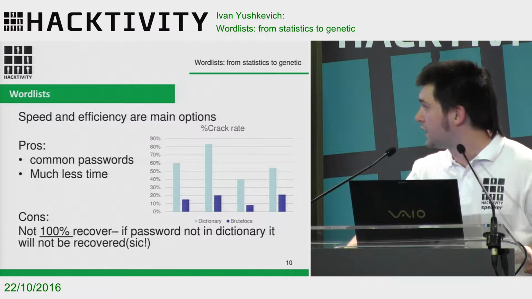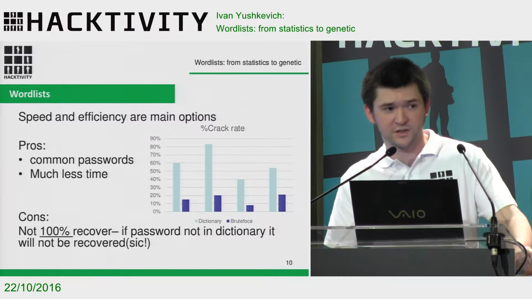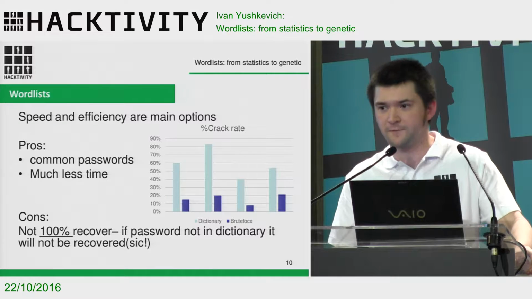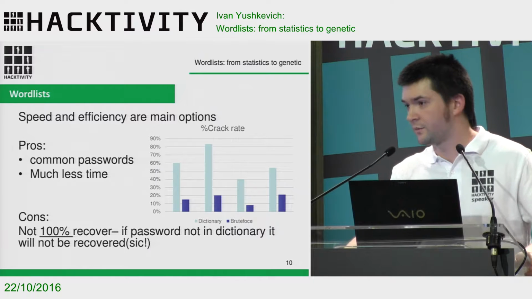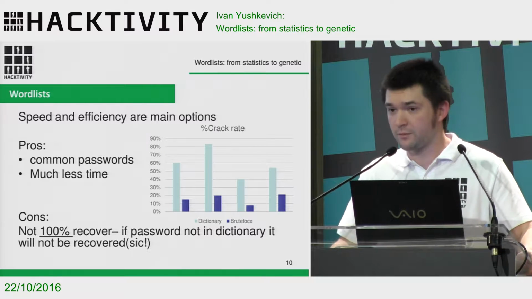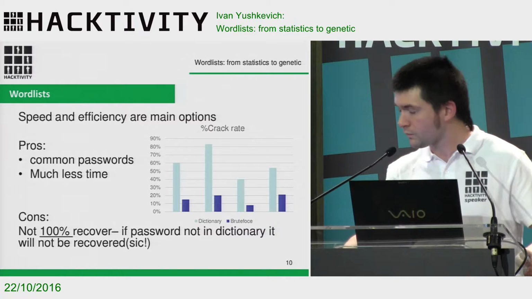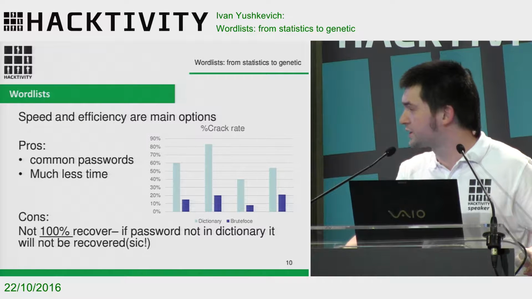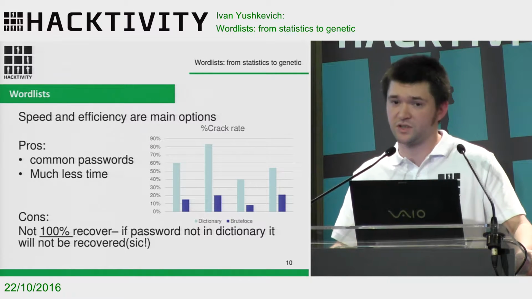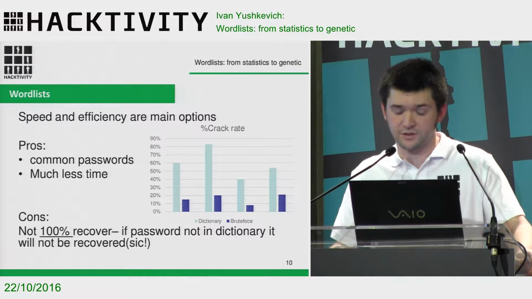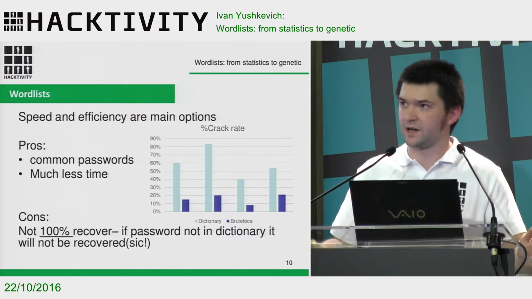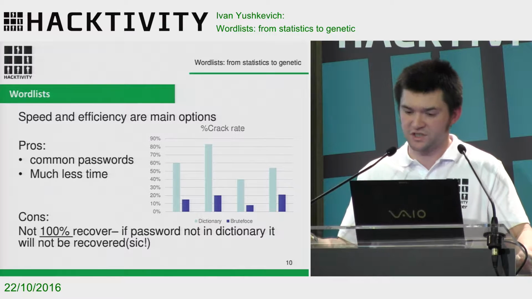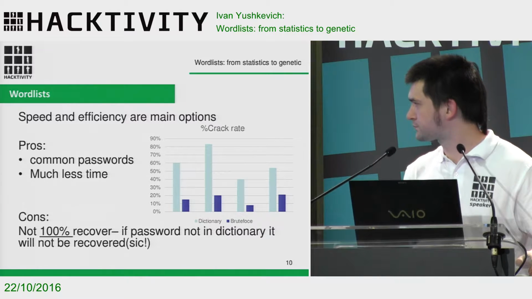As you can see, wordlist attacks allow us to recover three or even five times more passwords in the same time than brute force. But the main drawback is that if passwords are not in the dictionary, they will not be recovered. Yes, there are some methods to mutate words, but this is the common case.